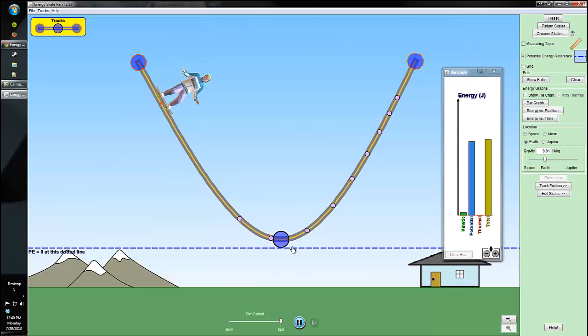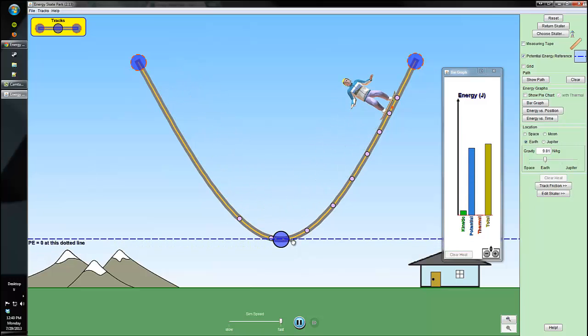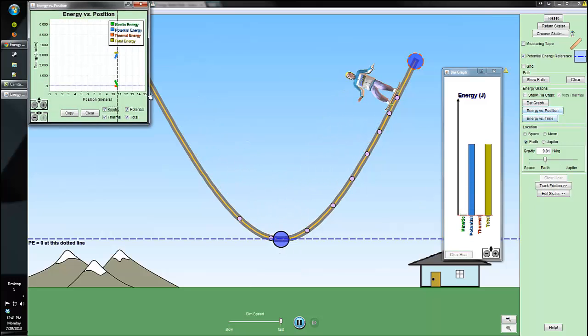But if you drag the line up and you say your lowest point is now the furthest you're going to get, then you're getting that conversation about energy. How at the top it's all potential, no kinetic. At the bottom it's all kinetic, no potential. But that at any given point, the sum of the kinetic and the potential will add up to your total. You can also do other graphs of energy versus position.